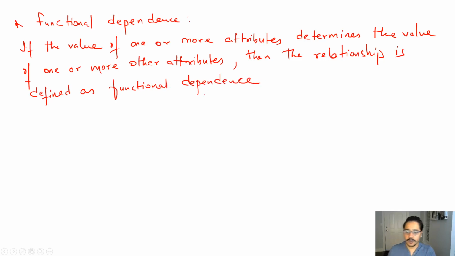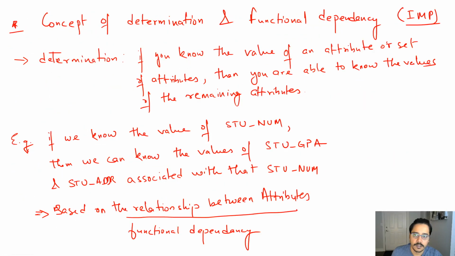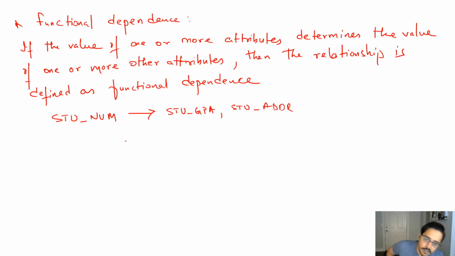Okay, so in our running example, student number functionally determines the value of student GPA, comma, student address. Of course, student number can functionally determine every other attribute in that particular table.